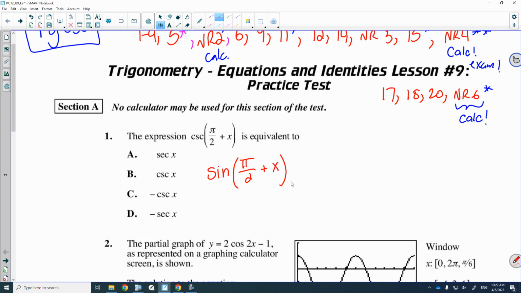Can I borrow yours for a second? So sum identity for sine was sine, remember this guy's your alpha, this is b. So sum identity for sine was sine of alpha cosine of b plus cos of a sine of b.